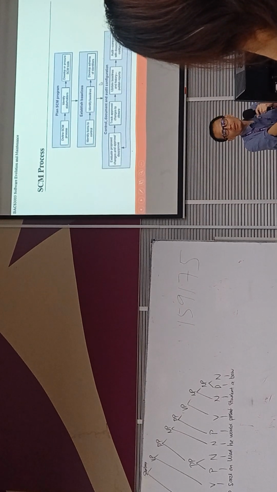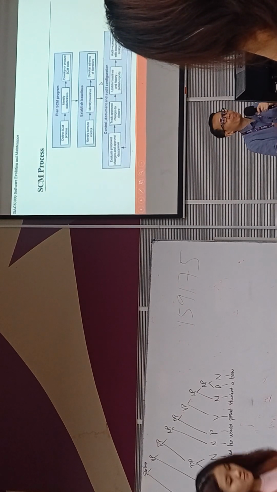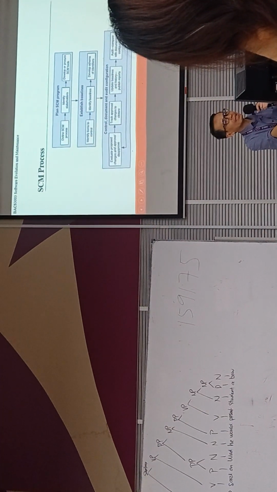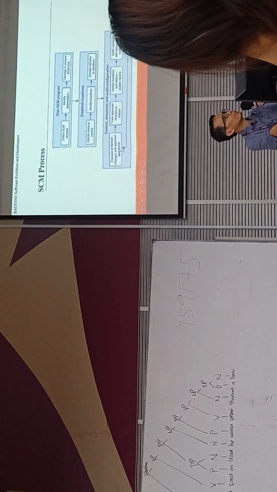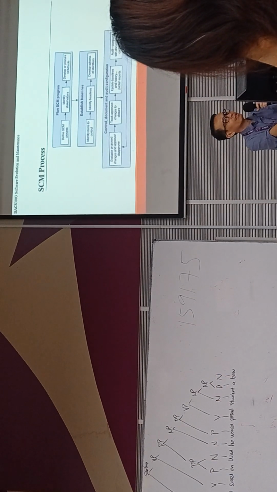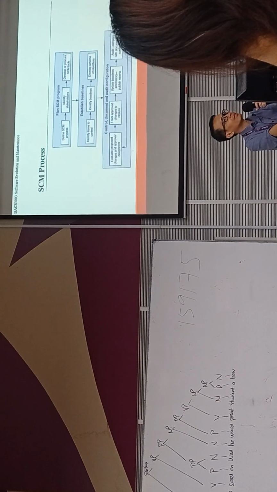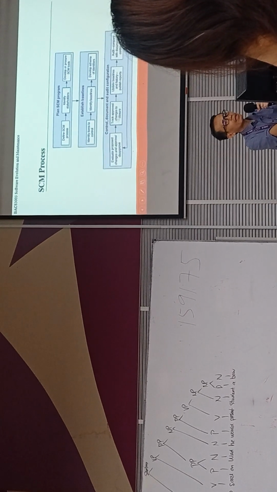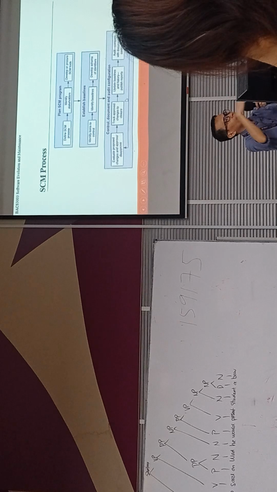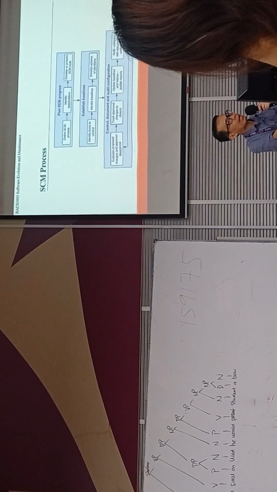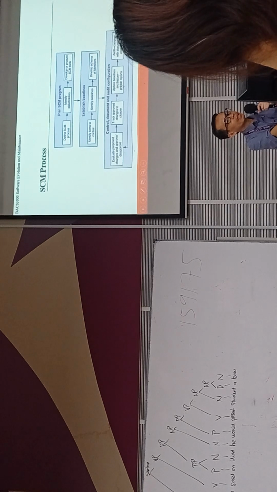Now if there are any changes applied to the artifact or items, you will go through this process: evaluate the change, how is the impact, what is the effect, and then decide go or no go. Then track the changes. During the process of change, you have to monitor and track every change made.